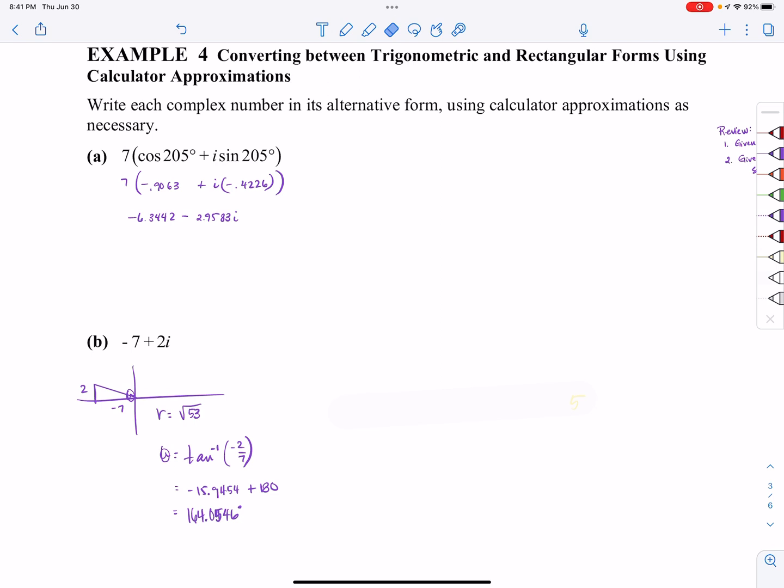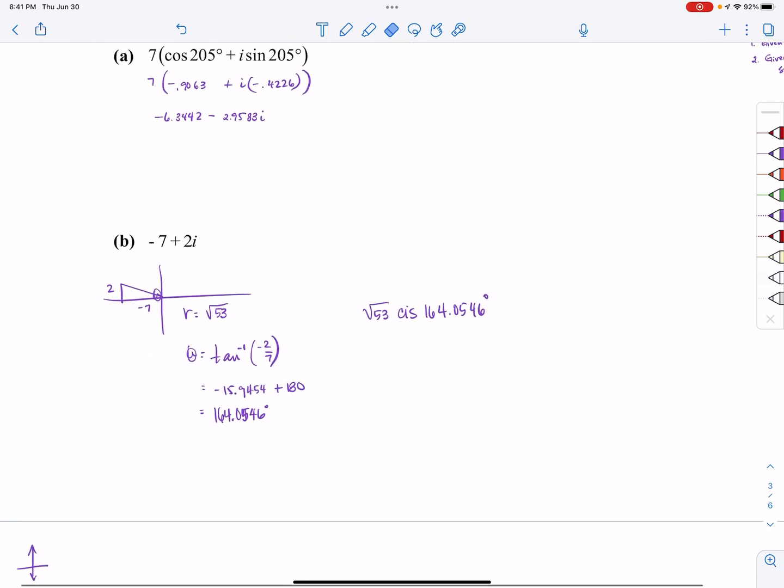But that's not my trig form. So my trig form would be r times cosine theta plus i sine theta, or r cis theta. So that's where I get root 53 cis 164.0546. All right, I'm going to stop the video here and pick up with a second video.